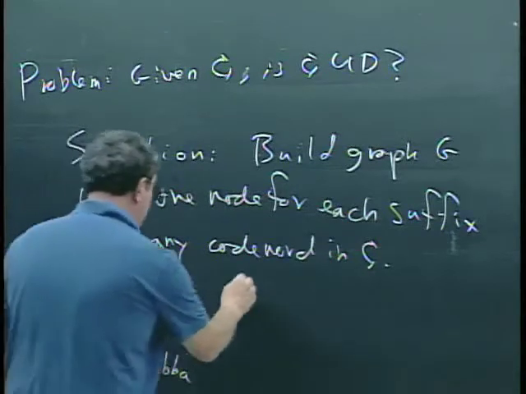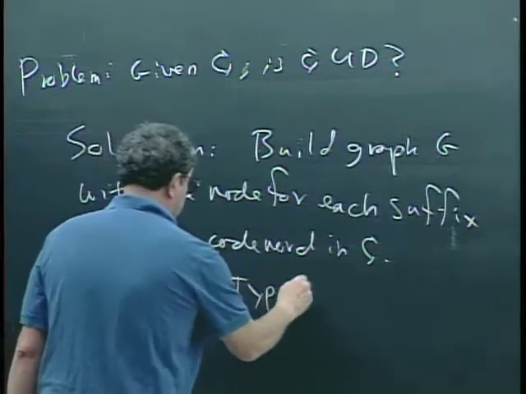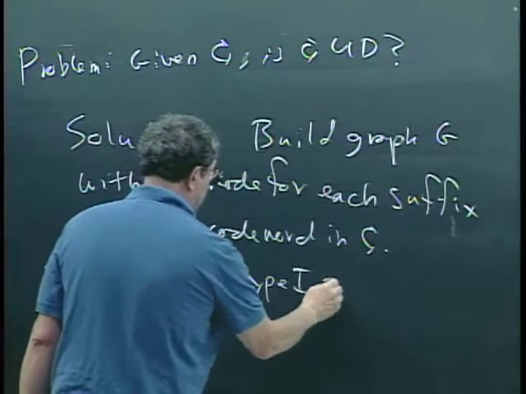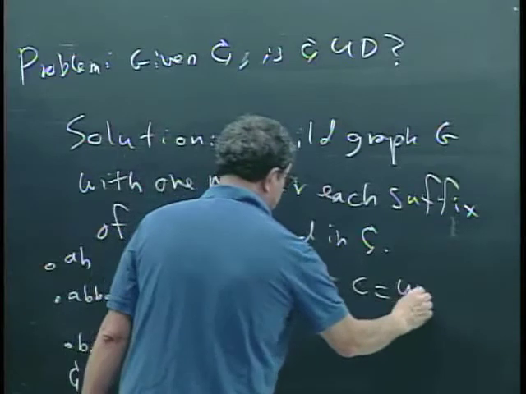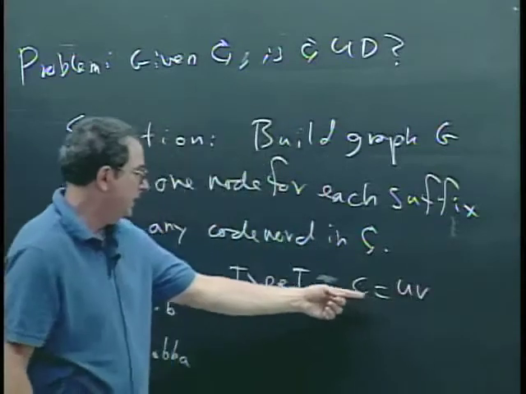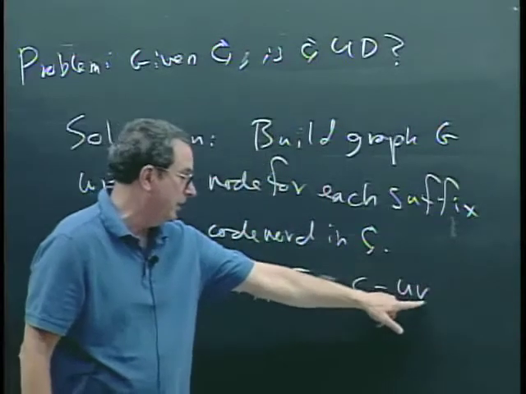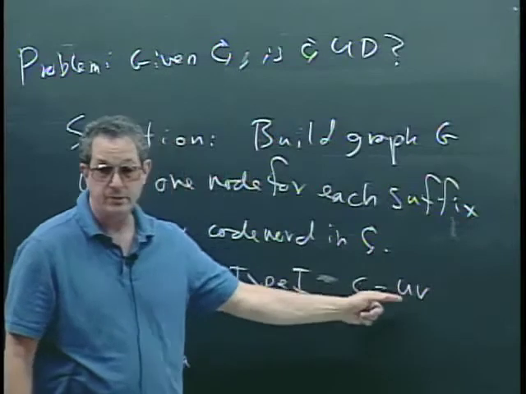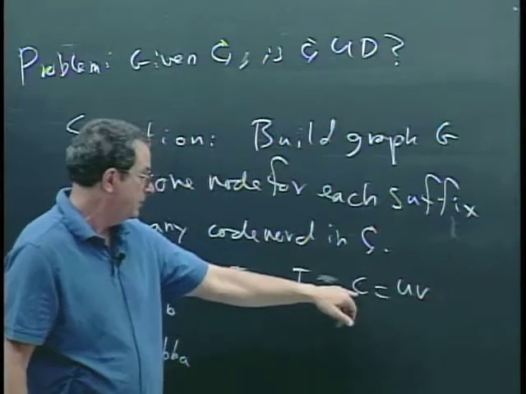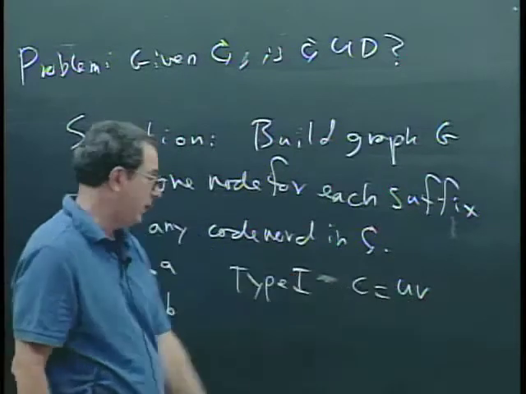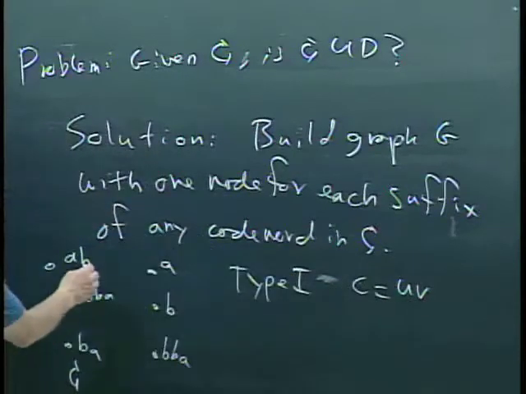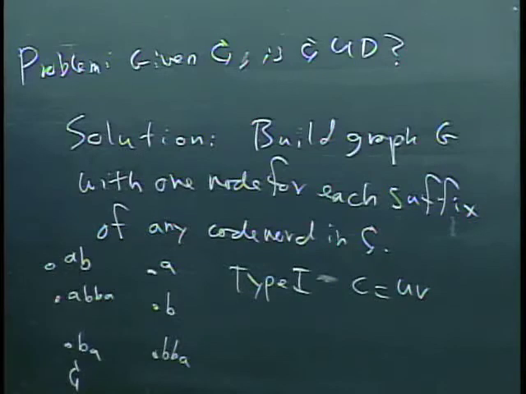Okay, we had type 1, where C is equal to UV. The edges from U to V, where U and V both represent suffixes, if you have a code word C equal to UV. Okay? So do we have any type 1 here?